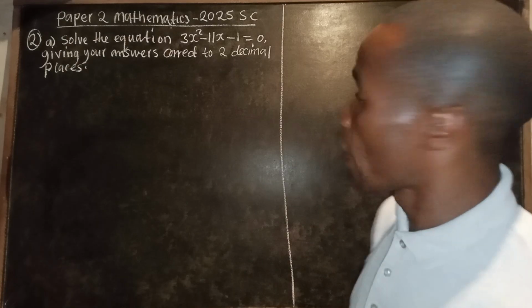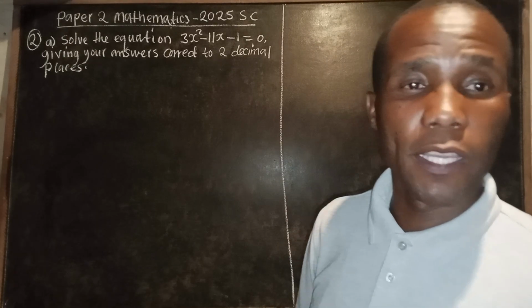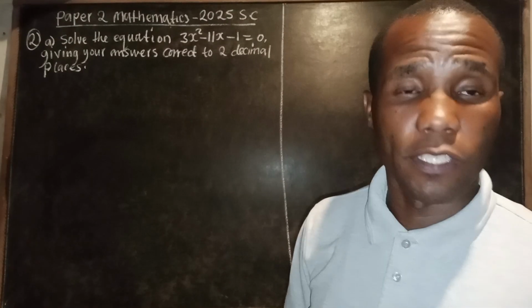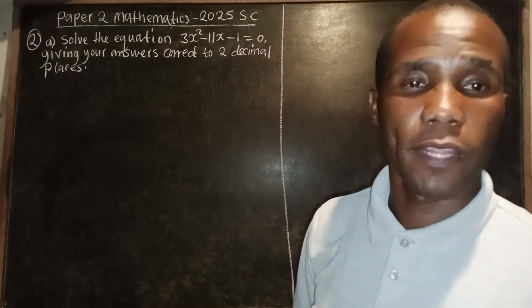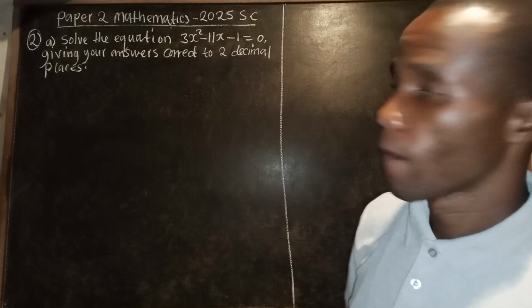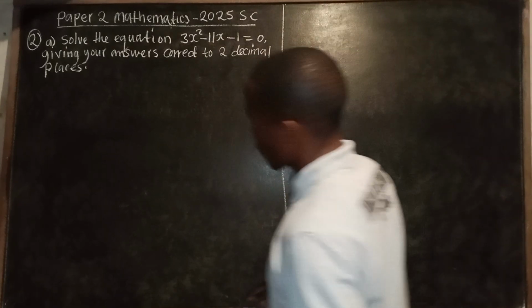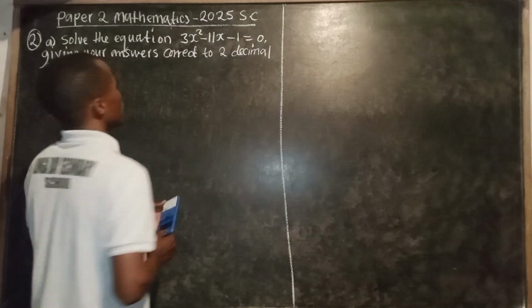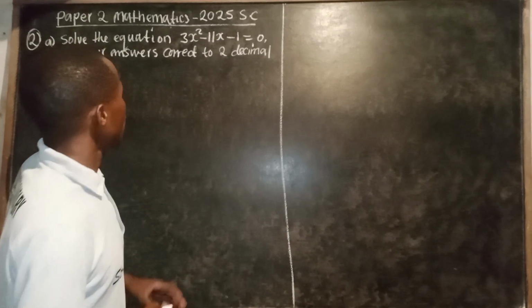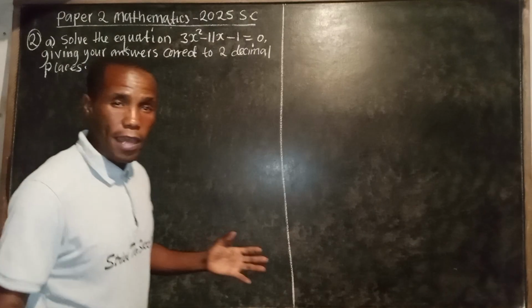But the method that I will run you through today is the completing the square method. Okay, that is the one that I will teach you today. So let us quickly start and see how best we can come up with the answer.